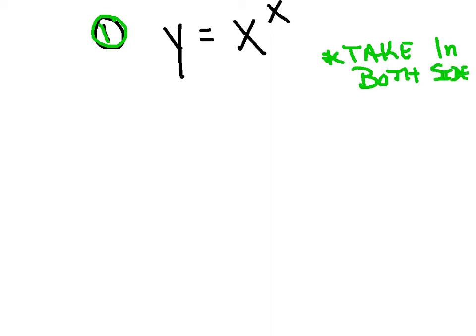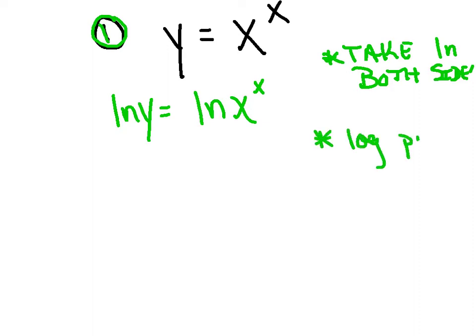It may not make sense right now, but of course, whatever you do to one side, as long as I do the same thing to the other side, it's certainly a legal move, if not a smart move anyway. And perhaps some of you can see the advantage of that, what's coming on down the road. We're going to take advantage of a log property that says that the exponent is allowed to become the coefficient.